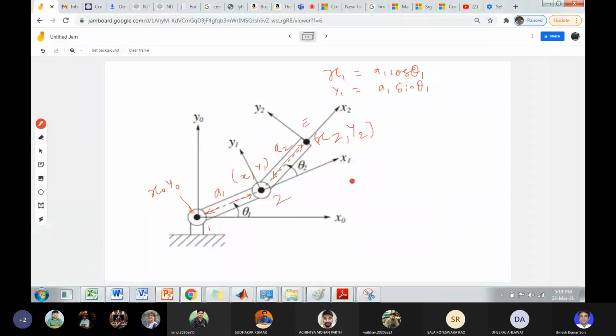Similarly, x2 equal to this horizontal length plus this horizontal length.